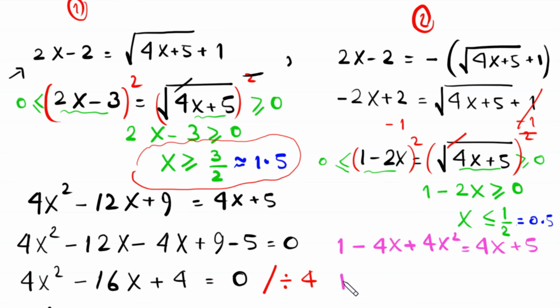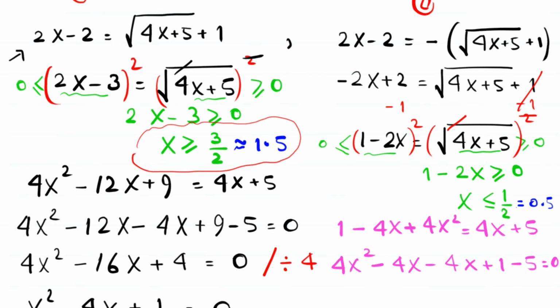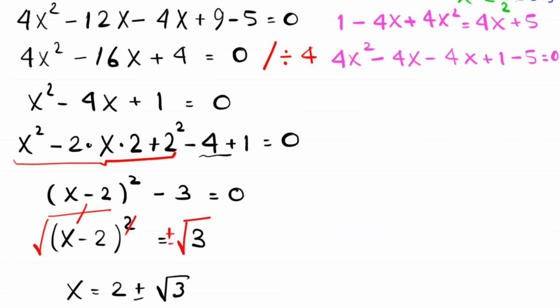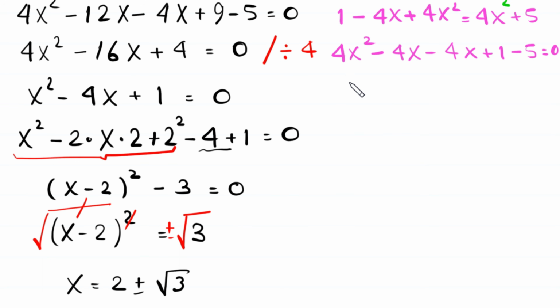This will become 4x squared minus 4x minus 4x plus 1 minus 5 equal to 0. Further simplify, this will become 4x squared minus 8 times x minus 4 equal to 0.